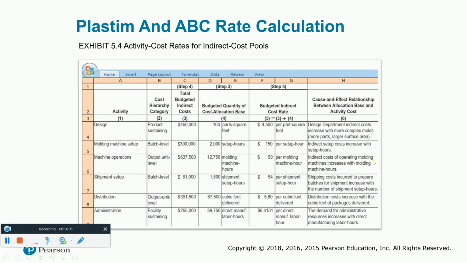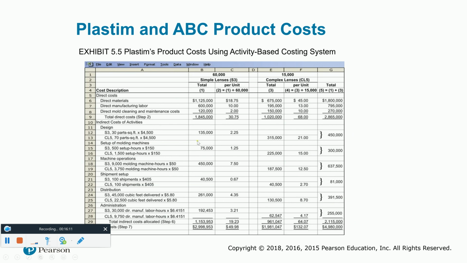So when we use the new allocation method, you are going to see, all right, so what are we going to do here? Simple lenses. You remember we had direct materials, 1,125,000. We also had direct labor of 600,000. That's what we saw from our earlier example as well.